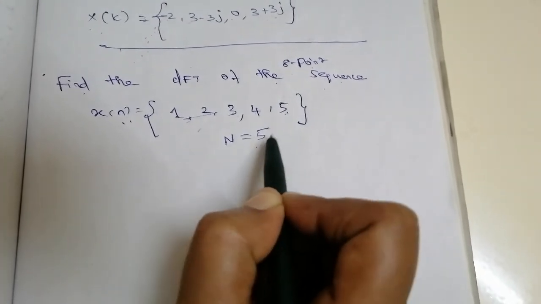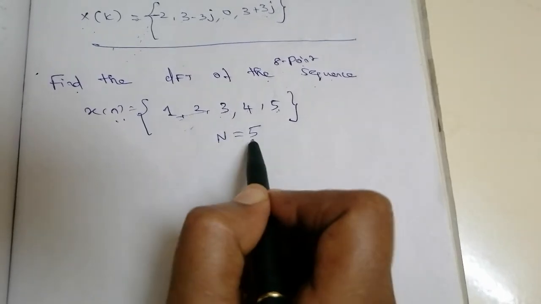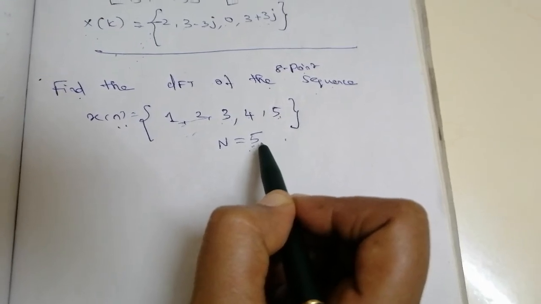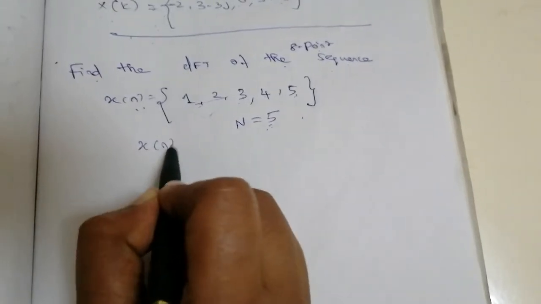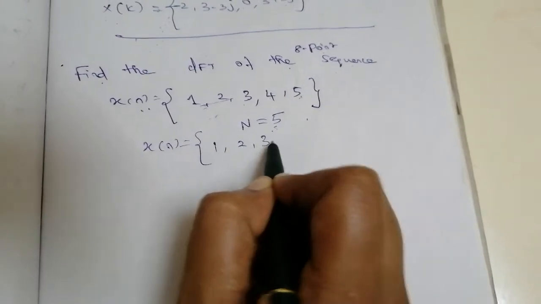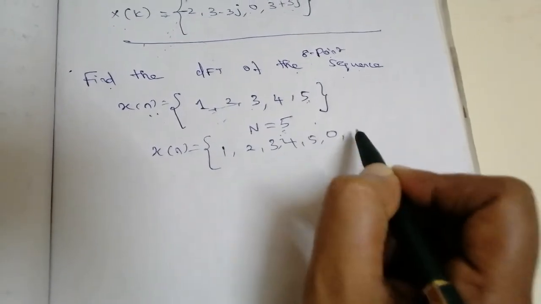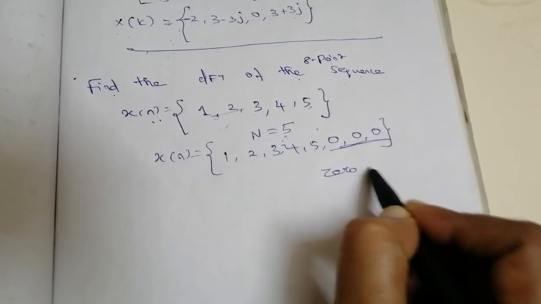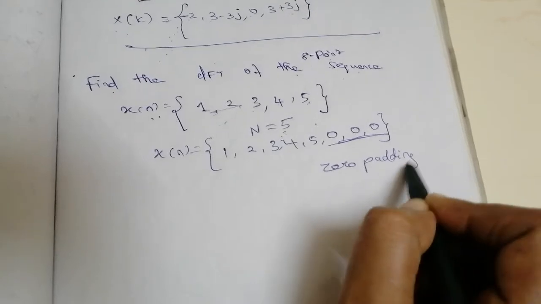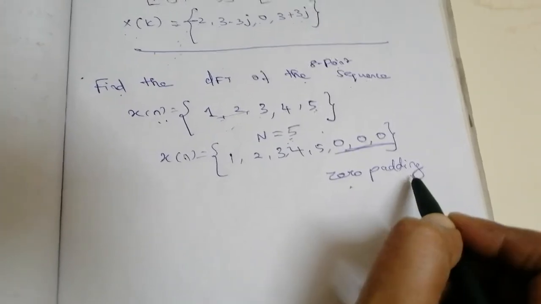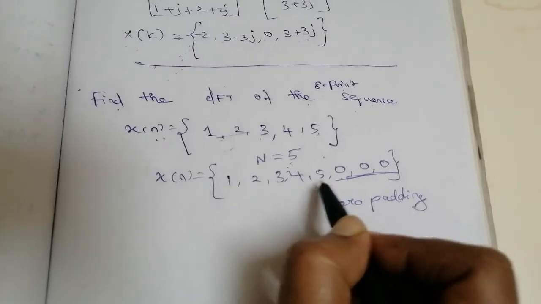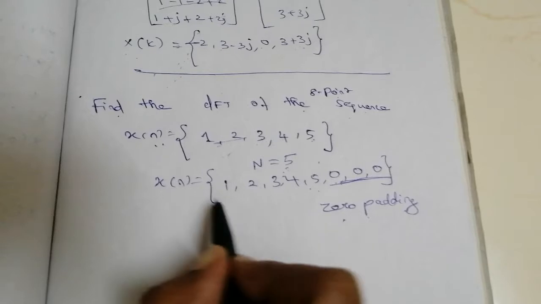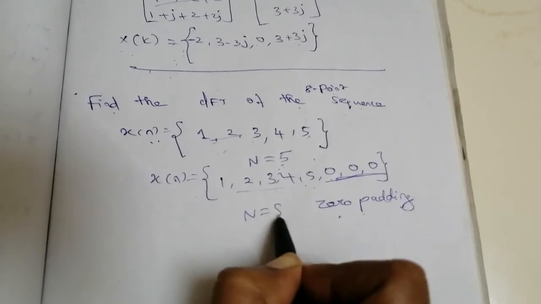So we have to modify the input length from 5 to 8. We need the remaining 3 values, so we add 3 zeros: 1, 2, 3, 4, 5, 6, 7, 8. This method is called the zero padding method. Zero padding is nothing but adding zeros to get the required number of points. So now the given signal has N equal to 8.